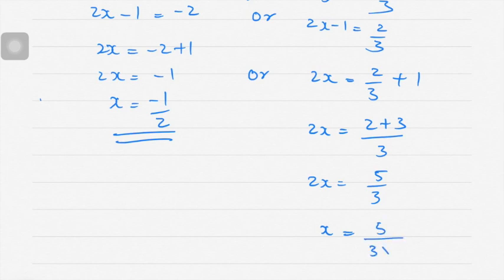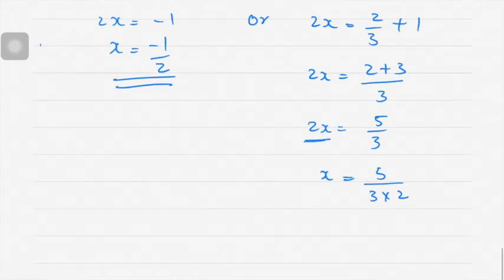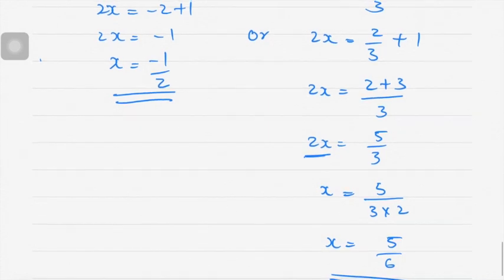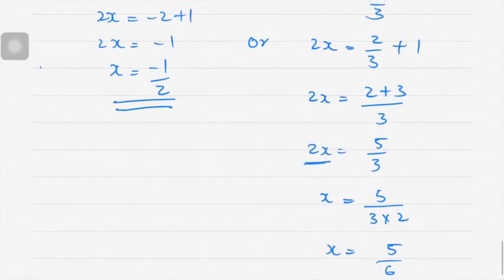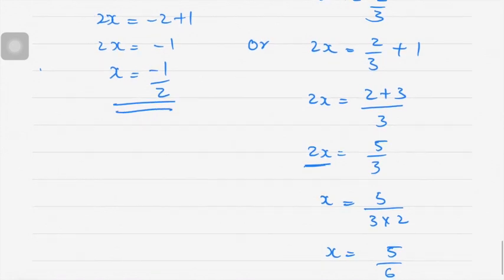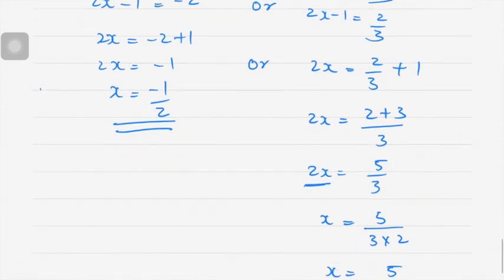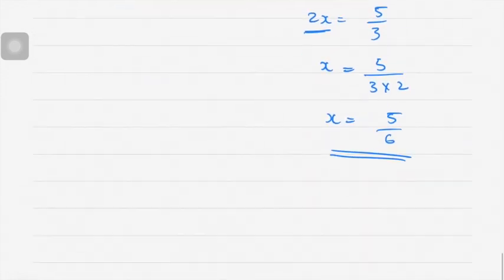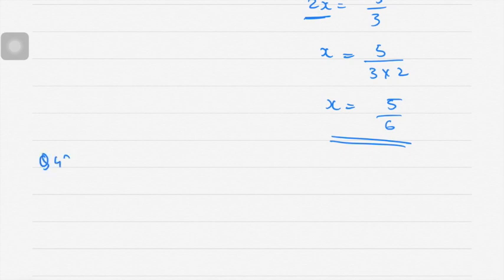So x is equal to 5 by 3 into 2, because here it is multiplication, it is in the numerator, it will go on the other side, it will become the denominator. So x is equal to 5 by 6. Got it? So x is equal to minus 1 by 2, or x is equal to 5 by 6.